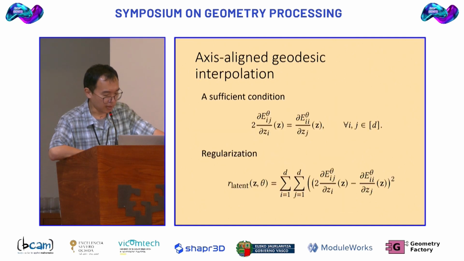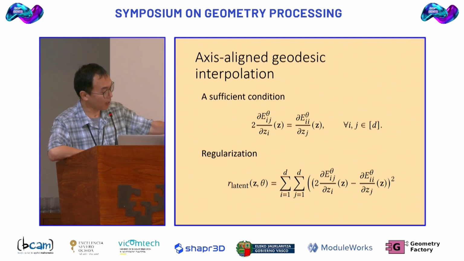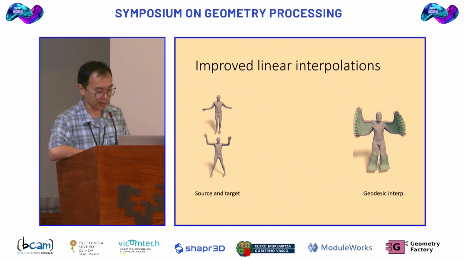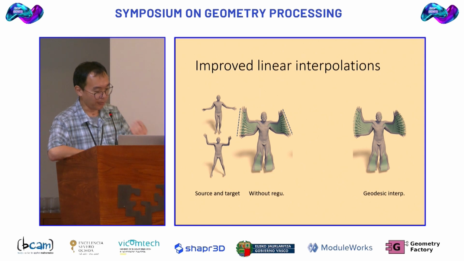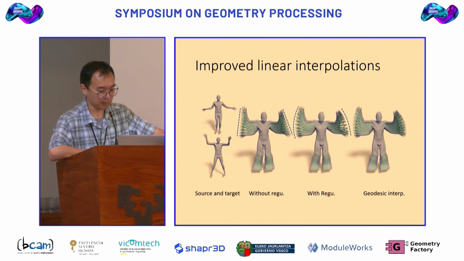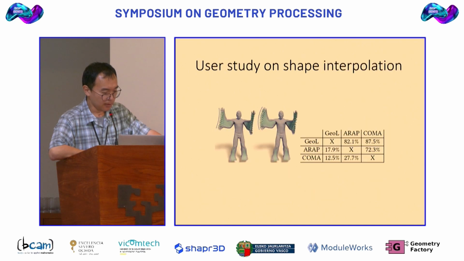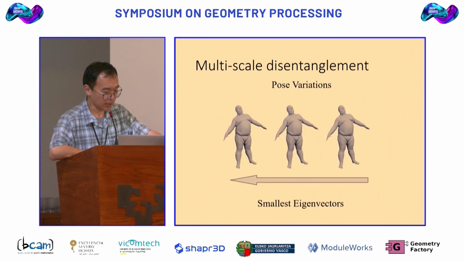And we show that you can enforce this locally by enforcing another objective loss. Some visual results: this is the desired geodesic interpolation. This is without regularization and linear interpolation. This is adding regularization during linear interpolation. It's becoming close to geodesic interpolation. So this is another result. And some user study.